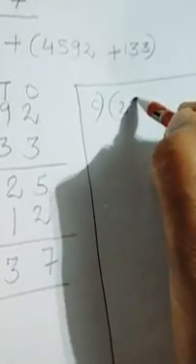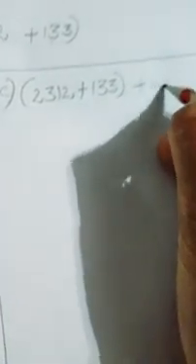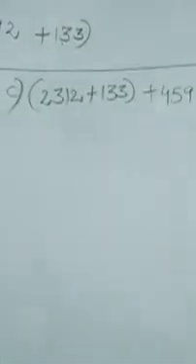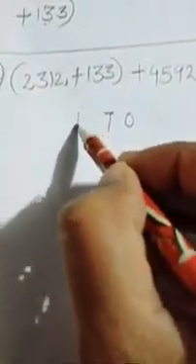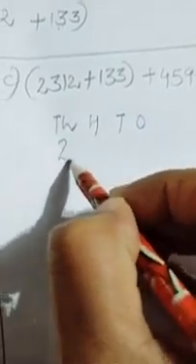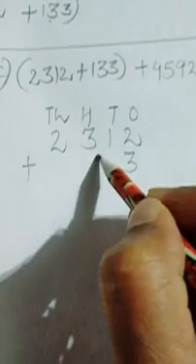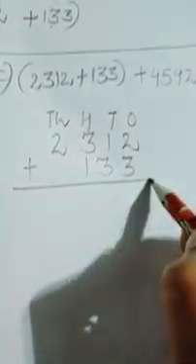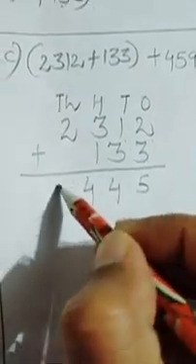What is the statement there? 2312 plus 133, these both are in bracket, plus 4592. Firstly we will do the addition of the bracket numbers. Ones, tens, 100, 1000. 2312 plus 133. 3 and 2, 5, 3 and 1, 4, 3 and 1, 4, here 2.